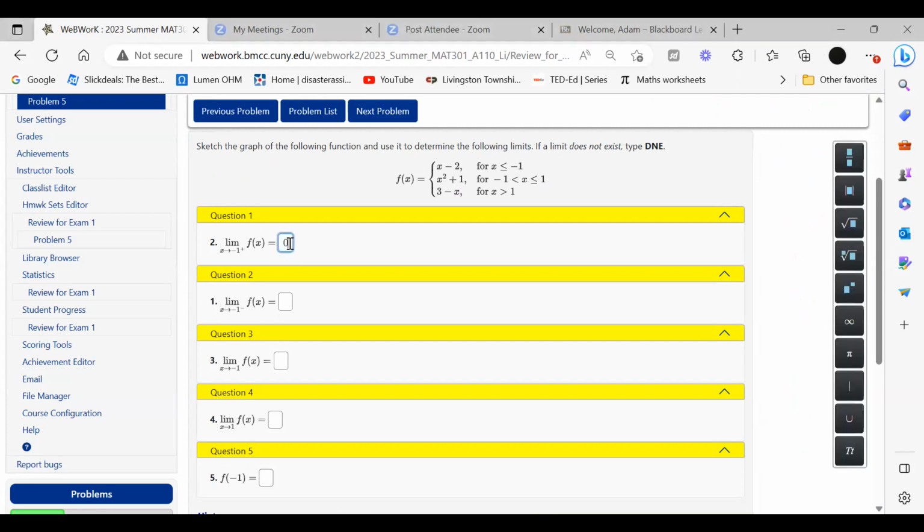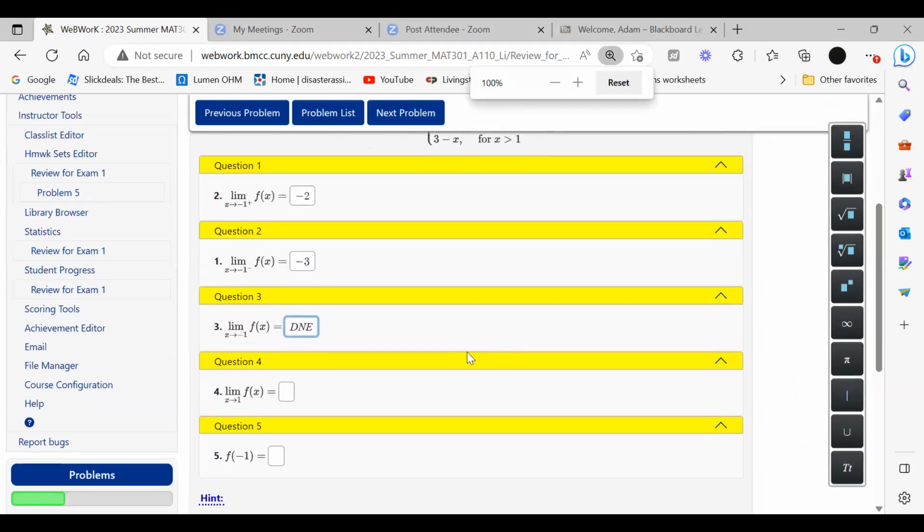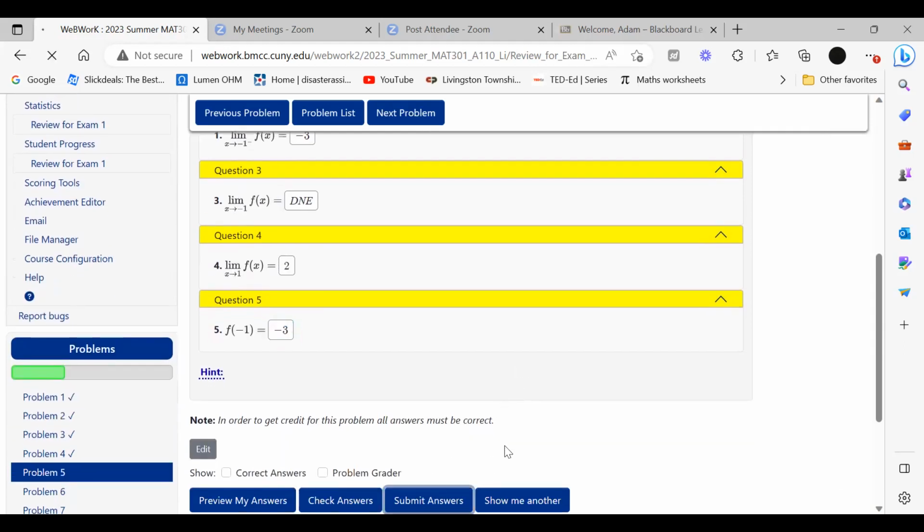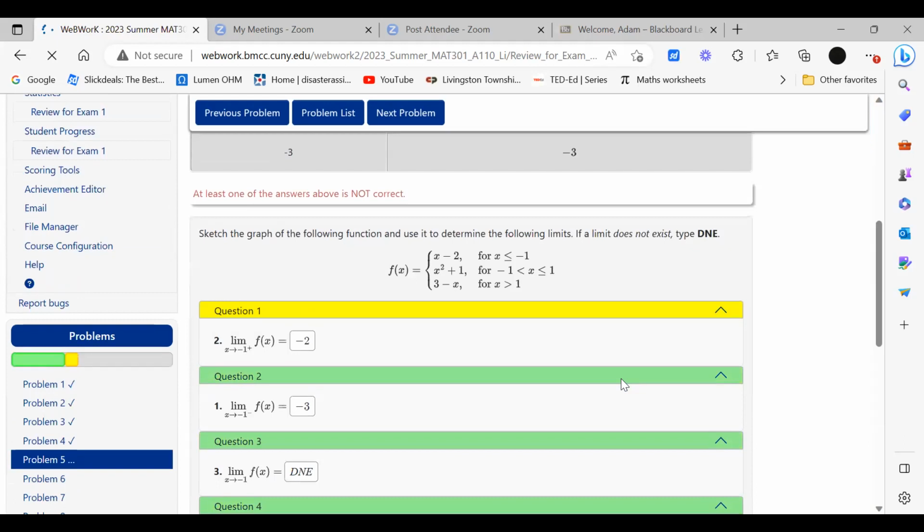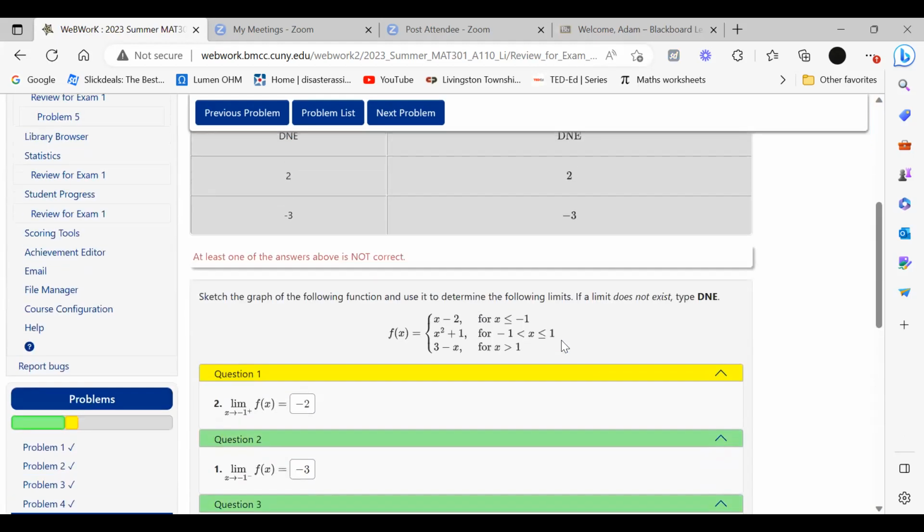And then the 2, 3 here. And this is D and E. And as x approaches 1, that's 2, right? Yeah, 2. And f(-1), that's -3. Let's do it. Submitting. Well, all good, right? All the answers are good.